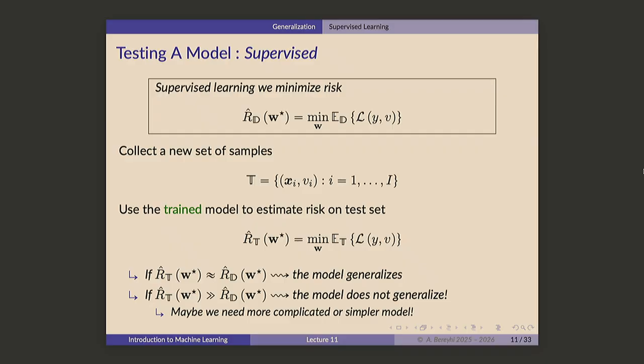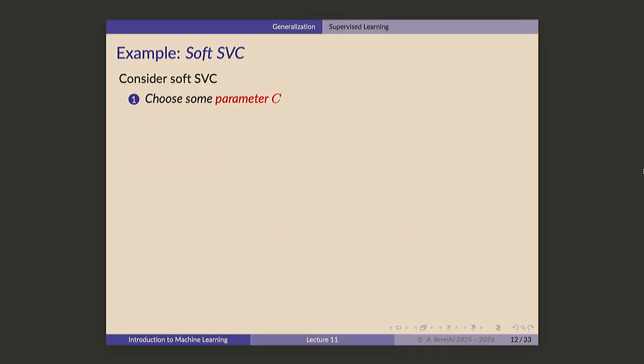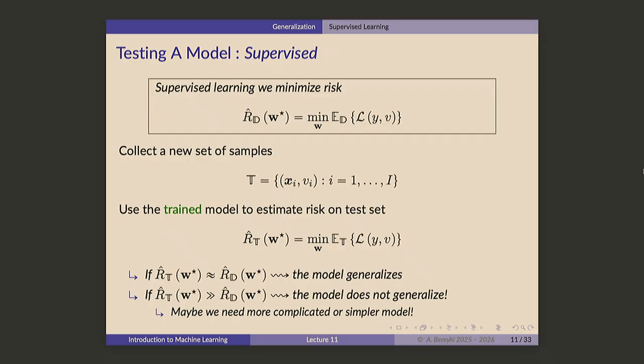Everybody's cool? Questions? Now, you can again use this idea to do hyperparameter tuning, right? What kind of hyperparameter can we tune in this case? I can use the same idea as before, as we did with maximum likelihood.